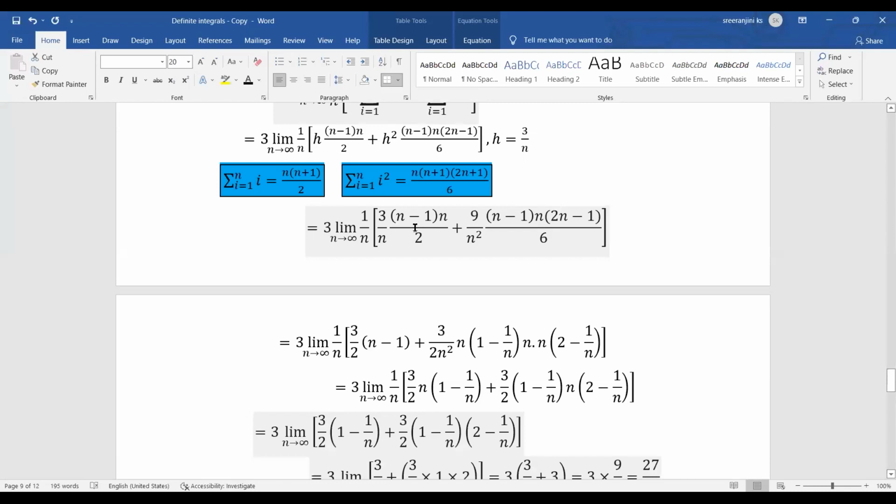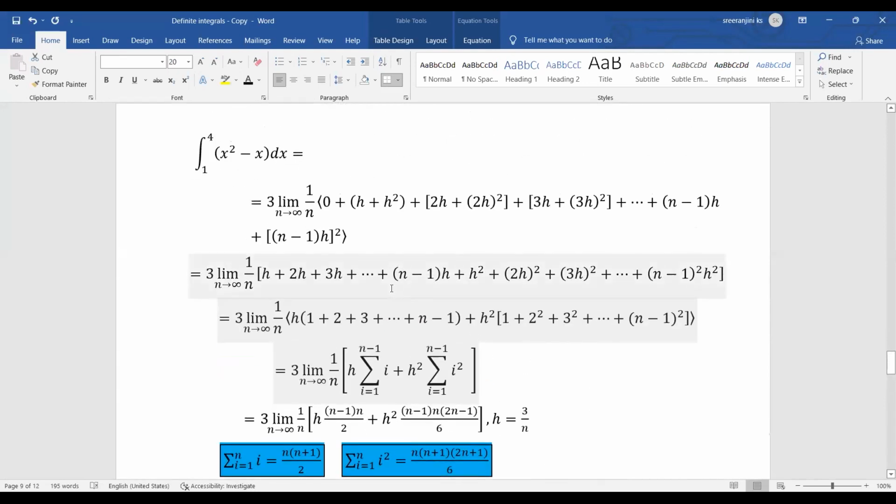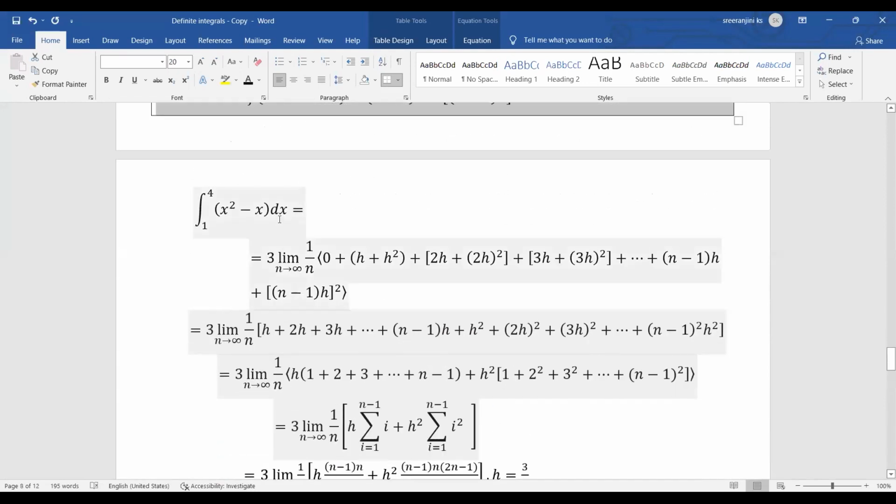What I'm asking is, instead of using this long method, can we do it simpler? If a question is given, integrate that question separately, and then apply upper limit minus lower limit. Just now I have answered the same question.